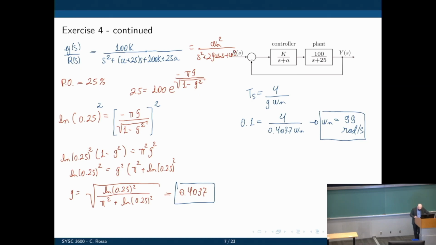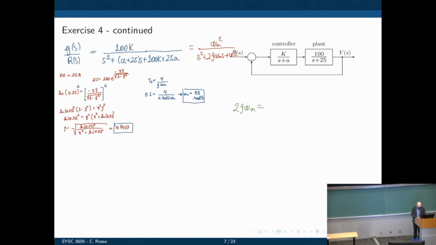Now that we have zeta and omega n, we can go back to our standard form and equate the two. So we have 2 zeta omega n is equal to A plus 25.